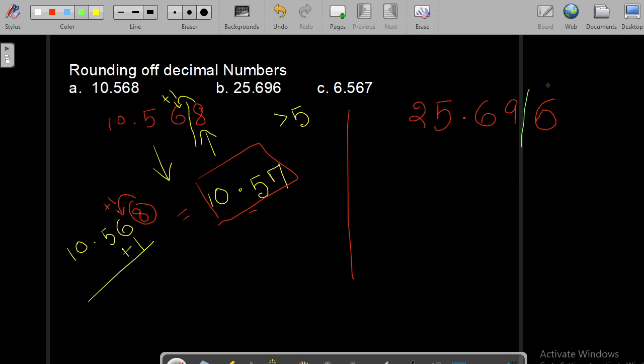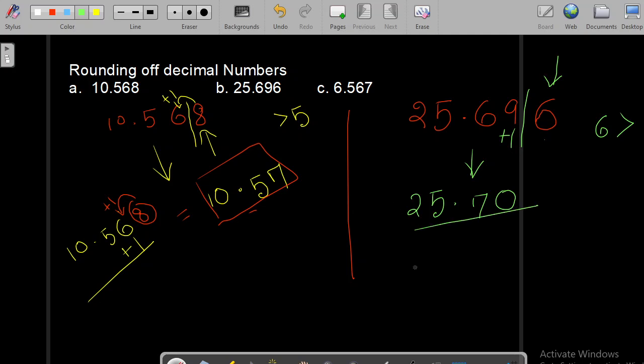Then I observe the digit immediately next to this cutoff. Here it is 6. Now 6 is greater than 5. Since 6 is greater than 5, I add 1 to the immediately preceding digit. So here it becomes 25.70. This is the approximate value up to two decimal places. I hope you understood this.